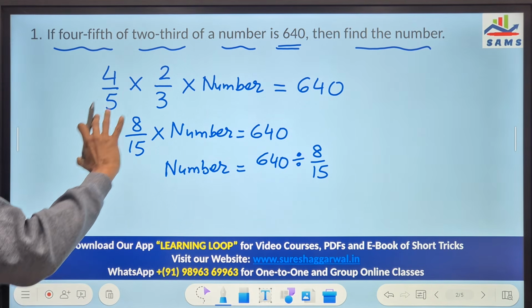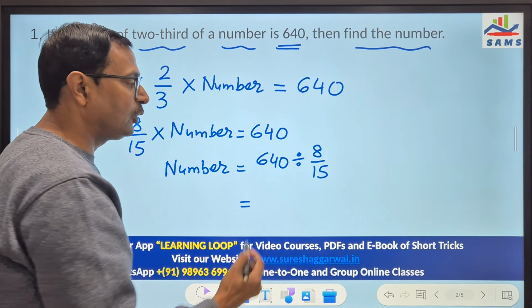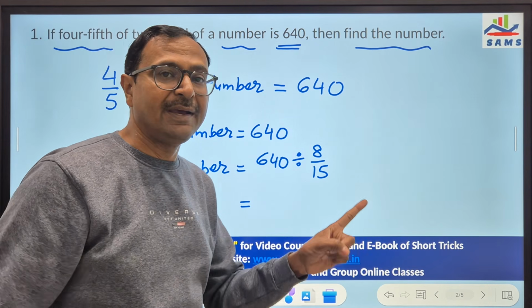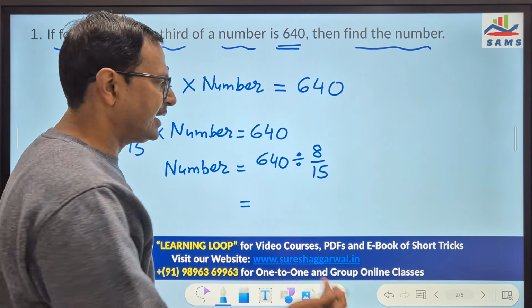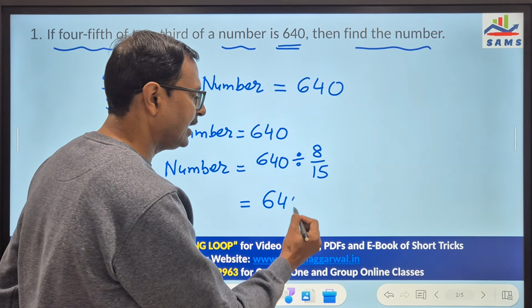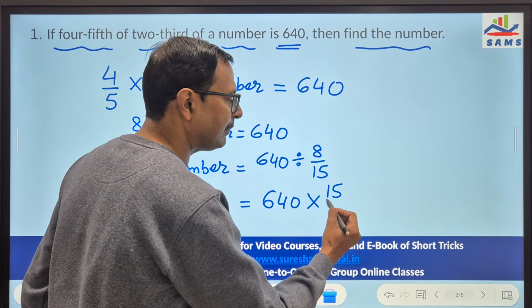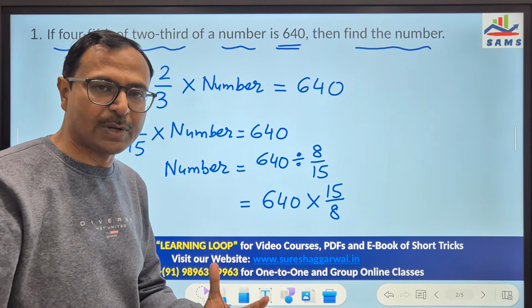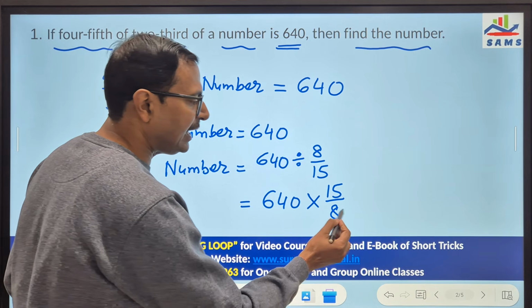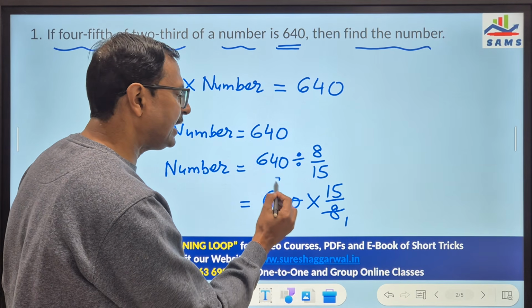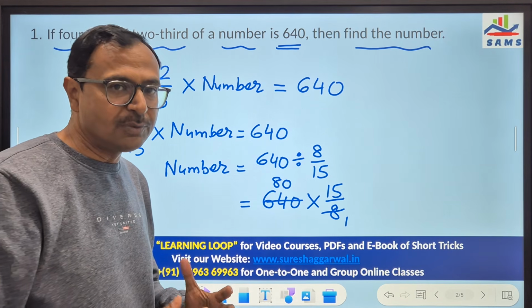So multiplication becomes division. And now if you know how to divide a whole number by a fraction, your answer is in the next step. 640, division becomes multiplication, 8 by 15 becomes 15 by 8. And you need to cancel 8 and 640. 8 ones are 8, 8 80s are 640.